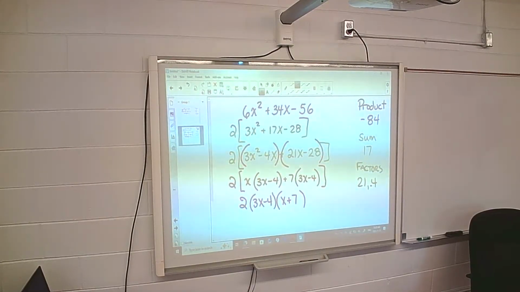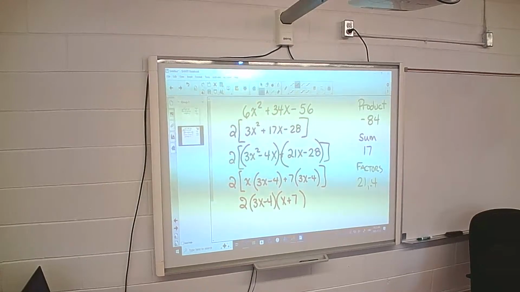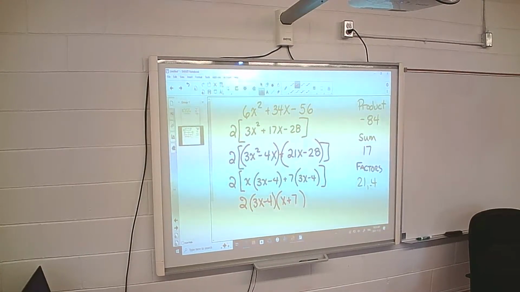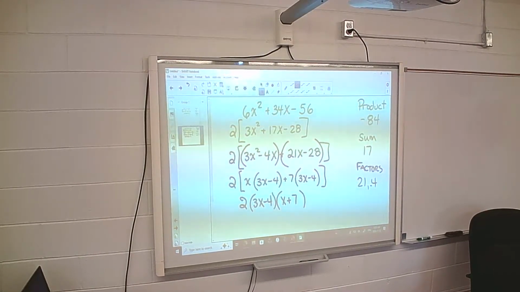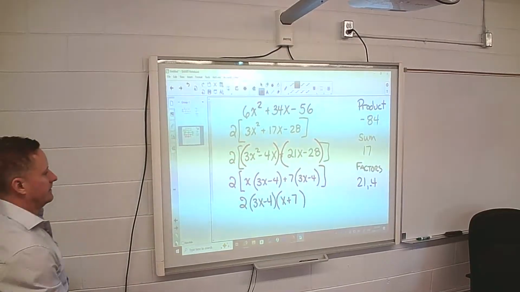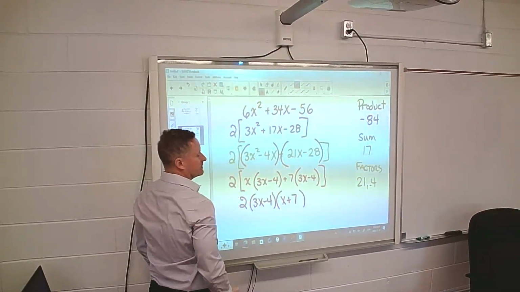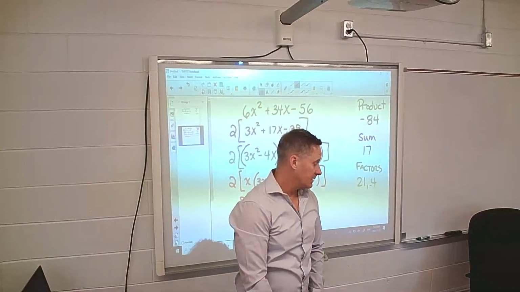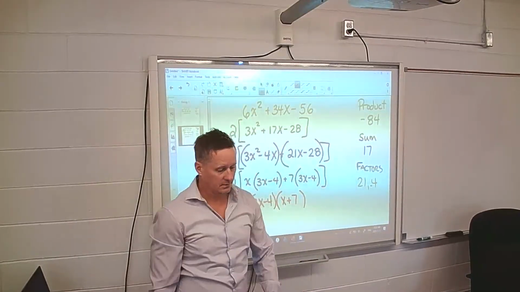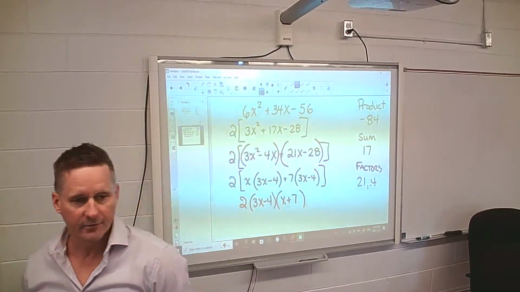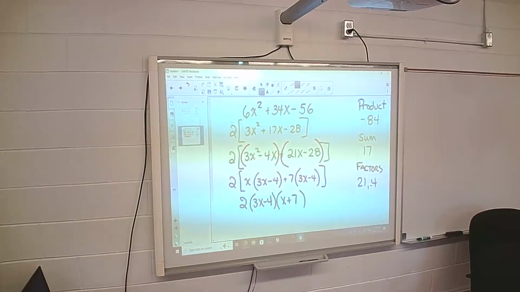Sorry. Okay. So the only thing that changes here was I just left that 2 on the outside all the way through. This is actually question 2F in your book. I just added a 2 to it, just so that you can see it factored out.